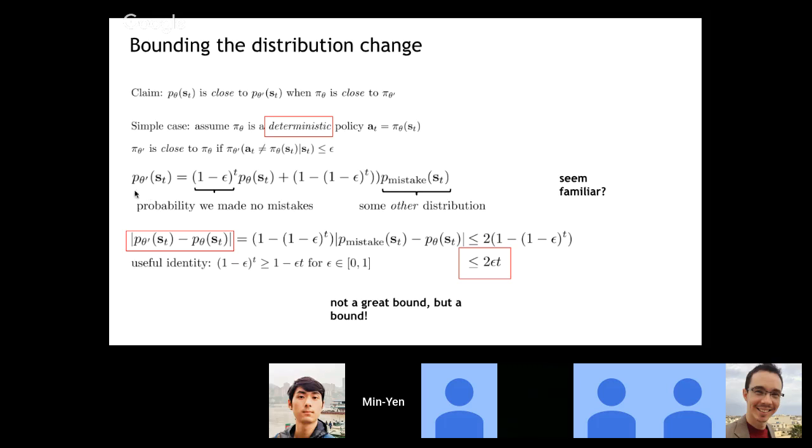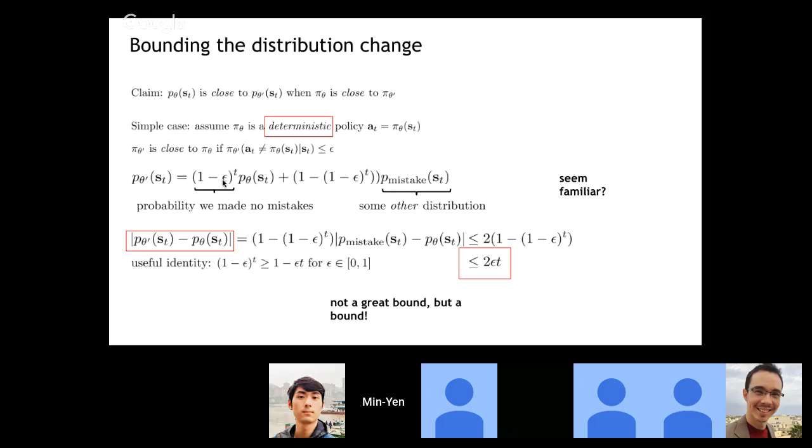Next, we talk about the probability distribution under theta prime at state t, and for this there are actually two terms. The first term is the probability of making no mistakes, which means that at every step the action is the same, and that probability is 1 minus epsilon at time step 1 multiplied by 1 minus epsilon at time step 2, and so on until t.